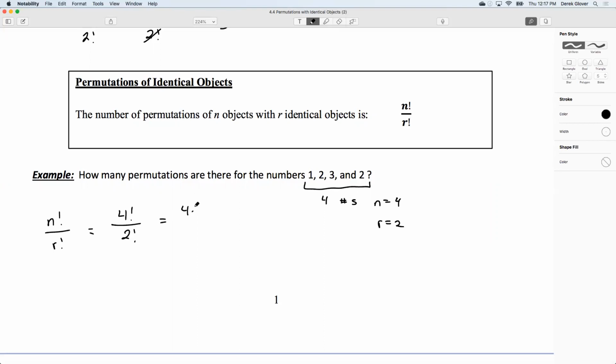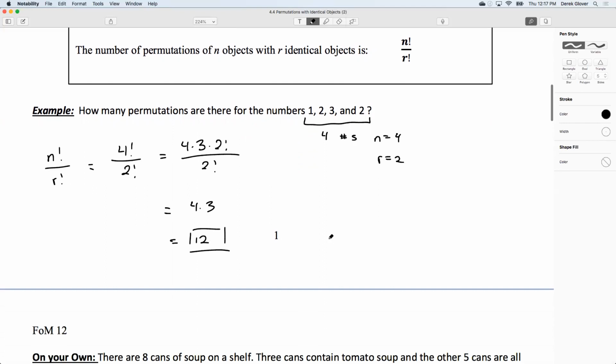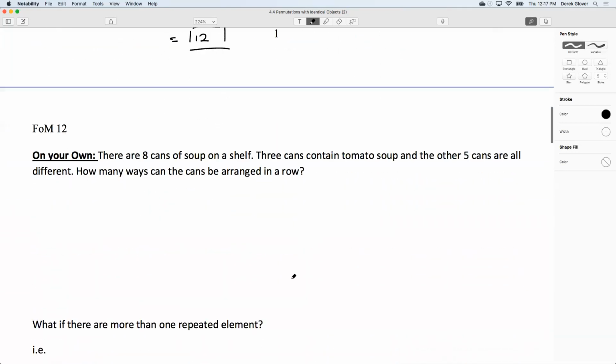This equals 4 times 3 times 2 factorial over 2 factorial, which is going to be 4 times 3, or 12. So 12 permutations of 1, 2, 3, and 2. It would be more if we had 1, 2, 3, and 4, but since we have repeated elements, we've got to divide by them to eliminate the duplicate combinations.